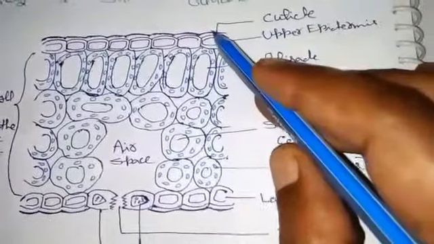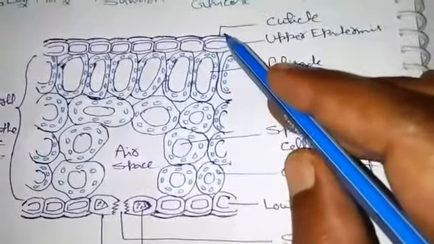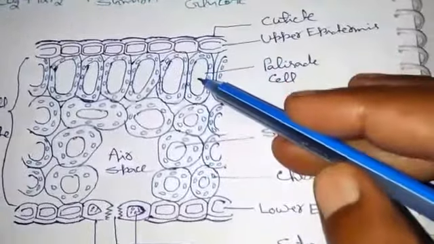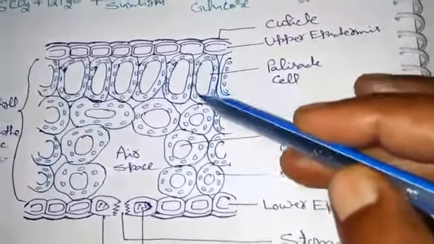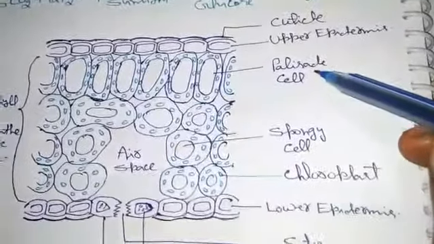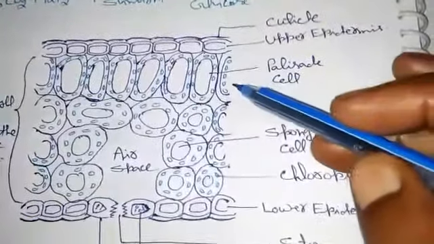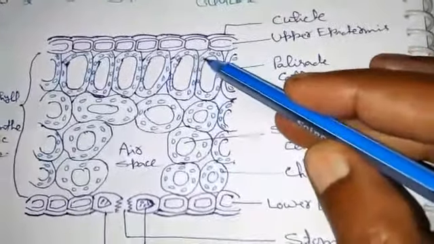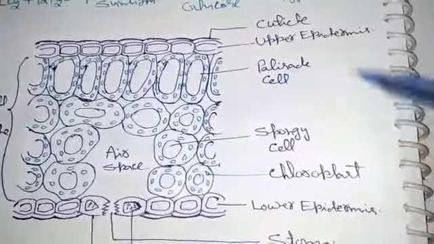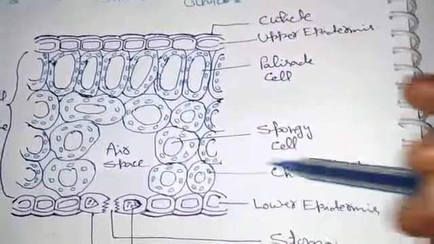Above the epidermis, a thick layer is present which is called cuticle. Below the epidermis, a long cell is present which is called palisade cell. In this palisade cell, a small structure is present which is called chloroplast.